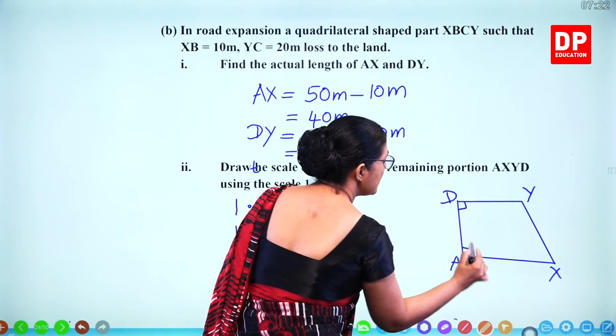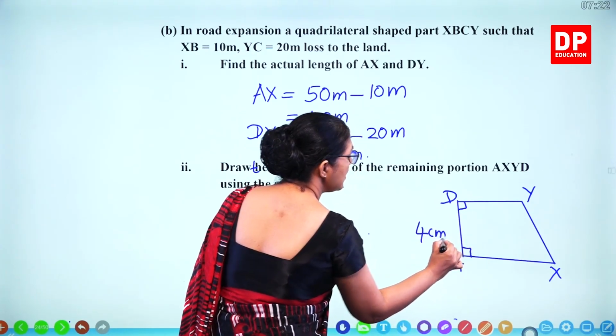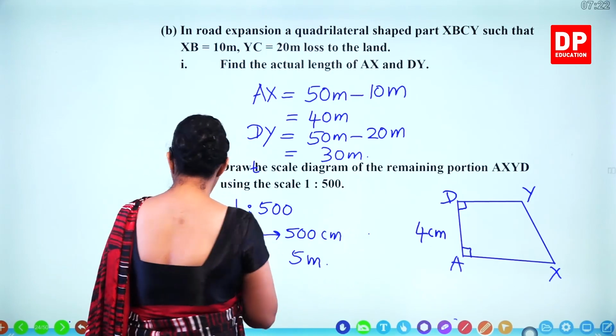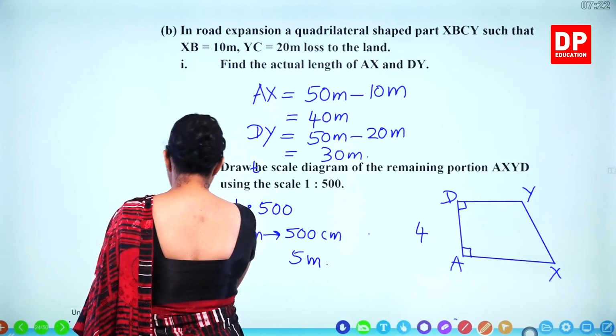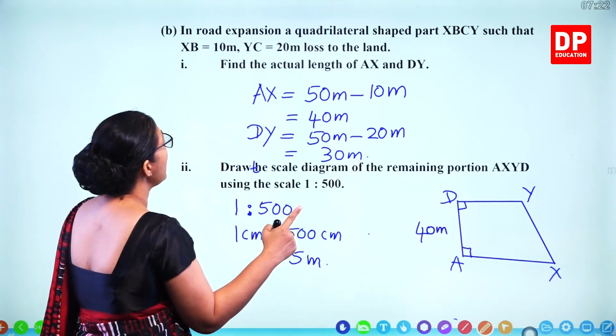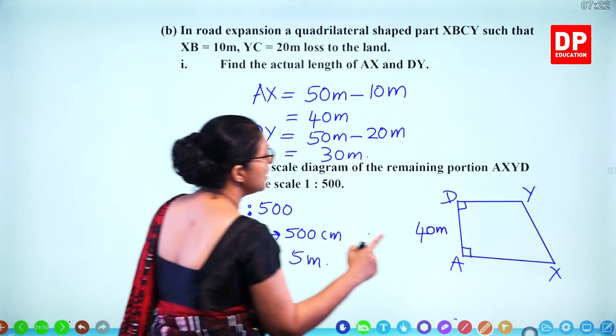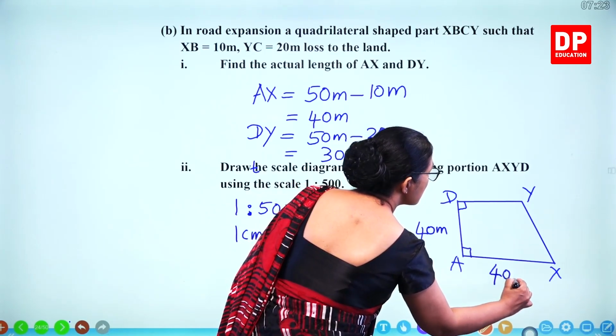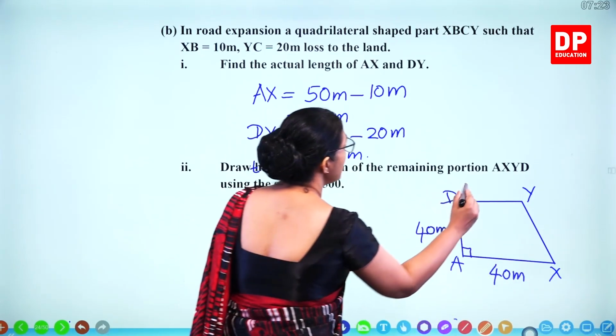And these are 90 degrees. So this is 4 centimeters, I can write 40 meters, the actual width 40 meters. And we found AX is 40 meters and DY is 30 meters.